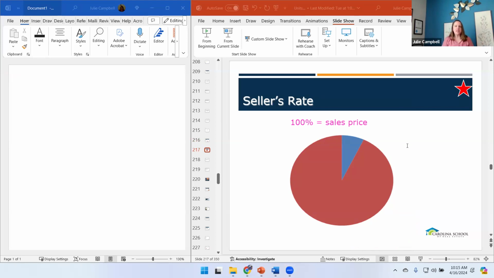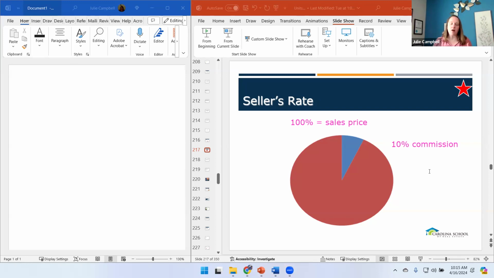The seller is going to take the sales price and pay all those lien holders, pay all that outstanding debt. The seller is going to give us a very small piece of the pie. I'm going to be generous here. Let's give ourselves a 10% commission. The problem has got to tell you what commission the seller has agreed to pay.